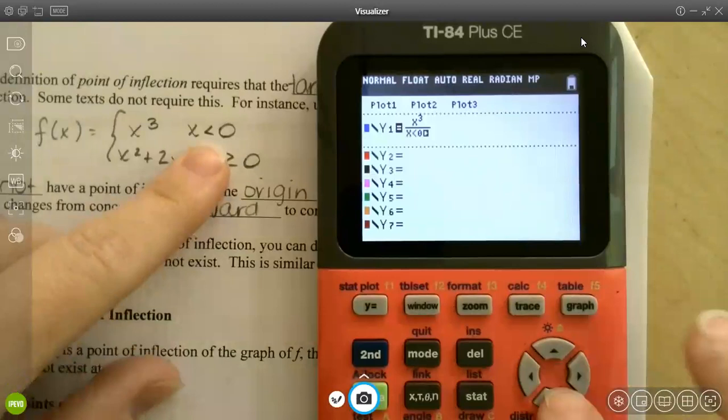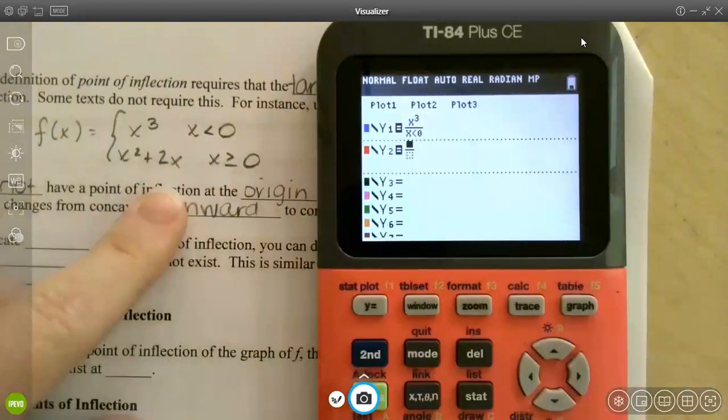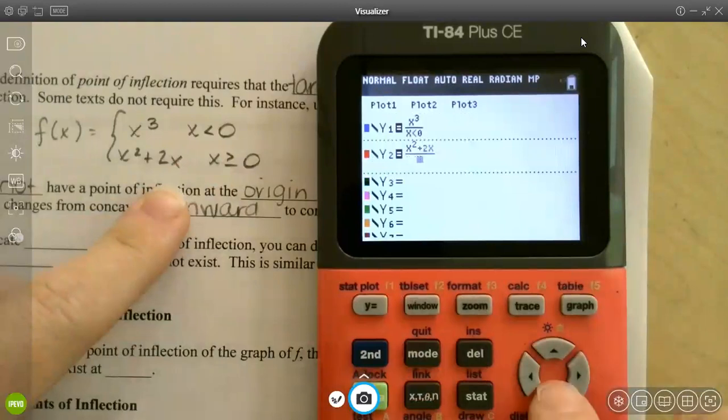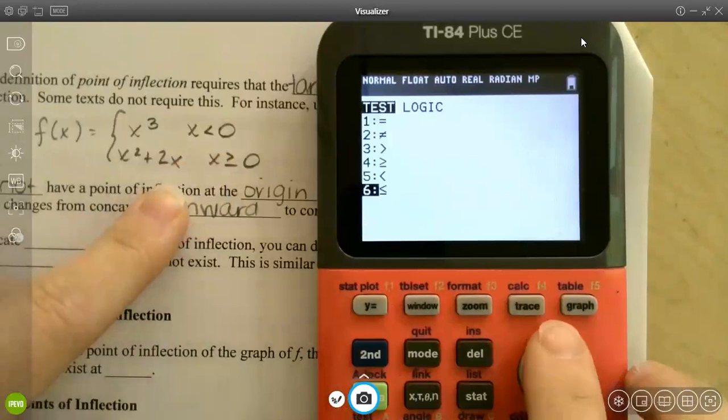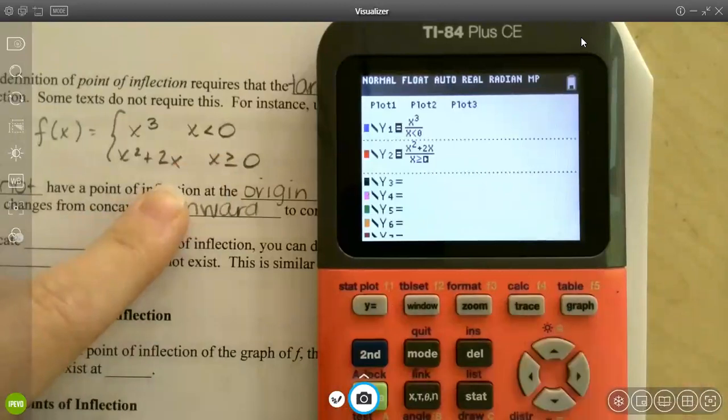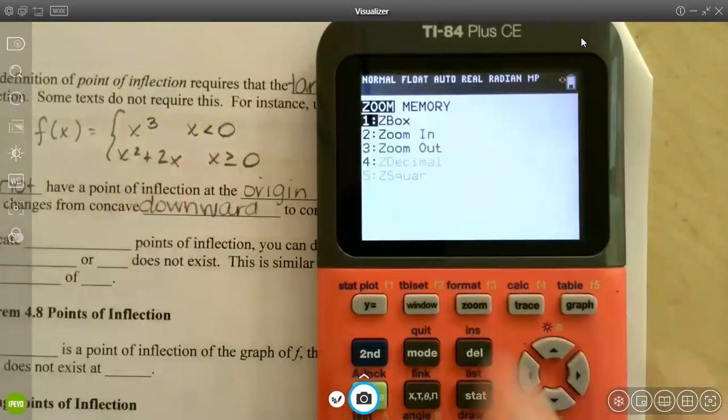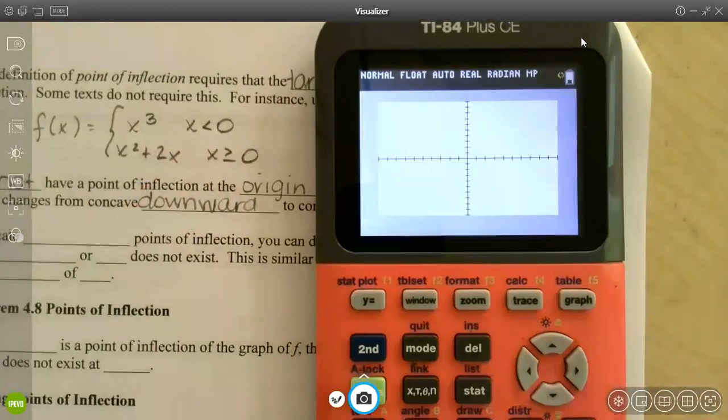So go to your second one, alpha y equals. On the top, you're putting in your function. On the bottom, we have x, second math, greater than or equal to 0. And then when you graph it, it'll show both of them.